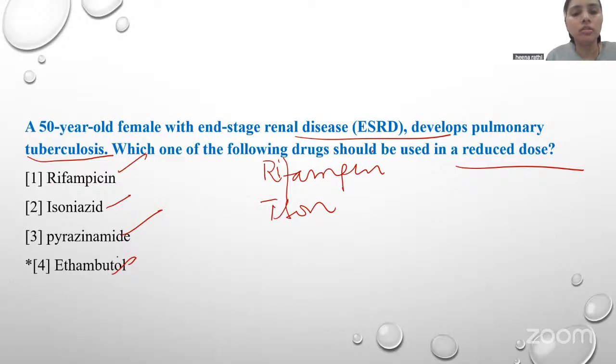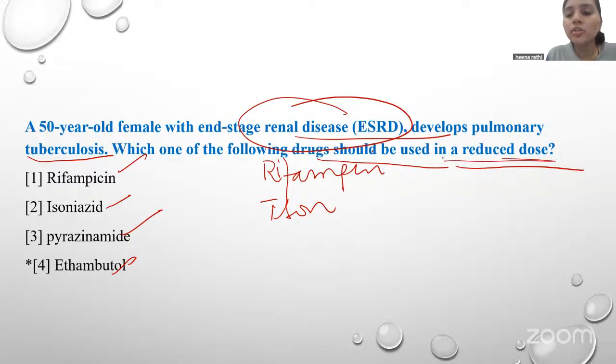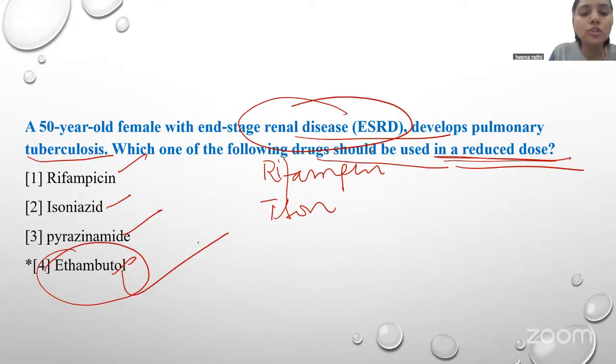Every drug is used for this. But if the female is having end-stage renal disease, which drug should be used in reduced dose? Then the ethambutol is the drug which should be used in the reduced dose.